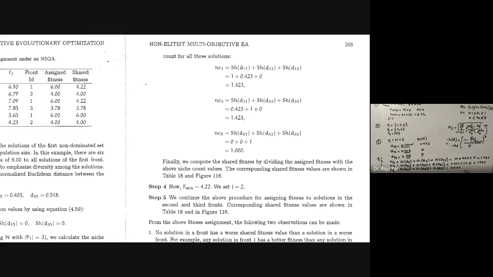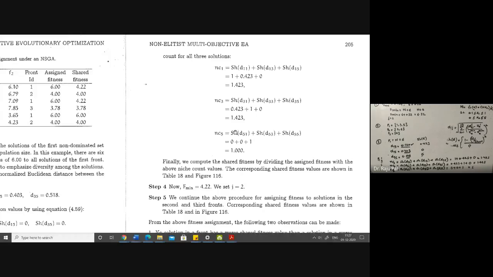The sharing function value with itself is always 1, so here we write 1. So this is the niche count for solution 1, solution 3 and solution 5. For solutions 1 and 3, the niche count is the same, 1.423, and for solution 5 the niche count is 1. This way we can calculate the niche count.